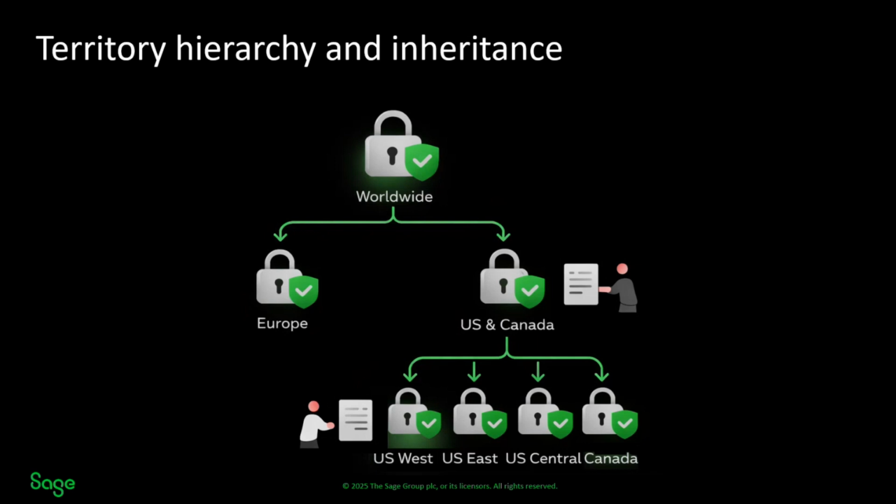He doesn't have rights automatically to be able to look in at what's going on either in US Canada level or into the other siblings at his level within the hierarchy. So he wouldn't be able to see US East, US Central, or Canada in terms of the data there.